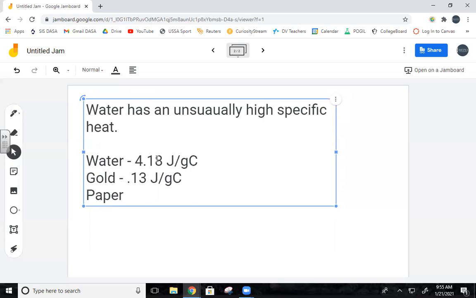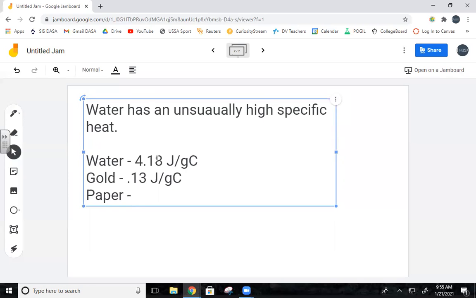Why? Why would you think it'd be harder, Franklin? Paper shouldn't have too much water. It might have a little bit. I know, a little bit goes a long way. Okay. So some people are saying it's harder to heat a paper than water.